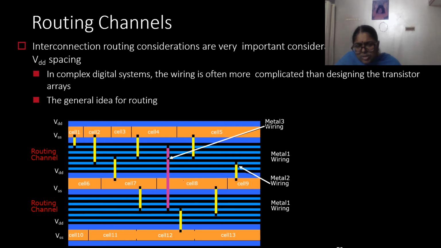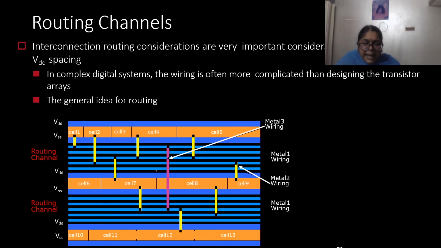Similarly, for this next row of cells, you have VDD and VSS. Now, to make contact between cells of one row and cells of another row, in between you have routing channels or metal layers. So we can make contacts using these metal layers.